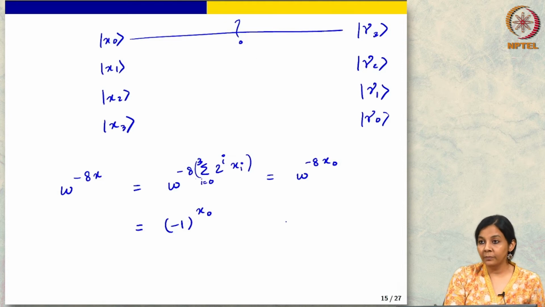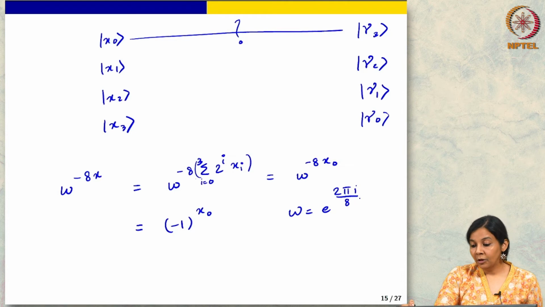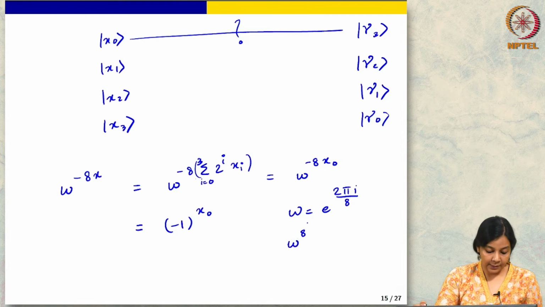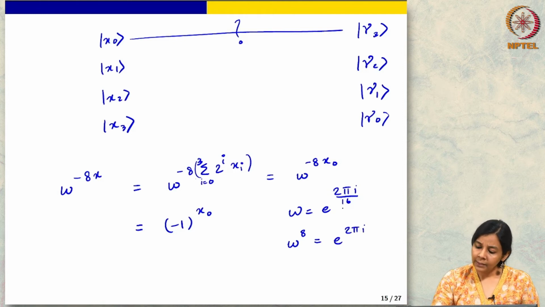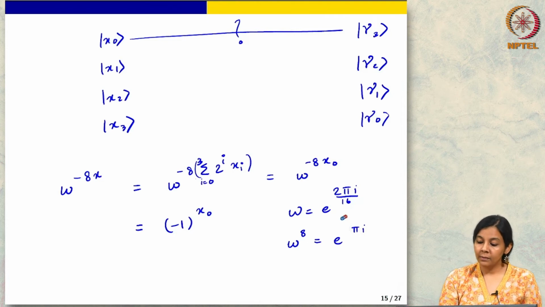This just follows by opening up omega. Omega is e to the 2 pi i by n. Wait, I made some mistake here. It is not by 8, it is by 16. That is the mistake I made. So, now what is omega to the 8? It is nothing but e to the pi i, which is just minus 1.